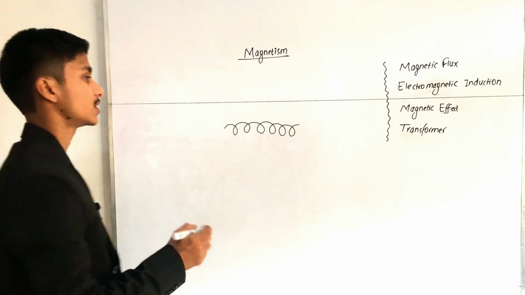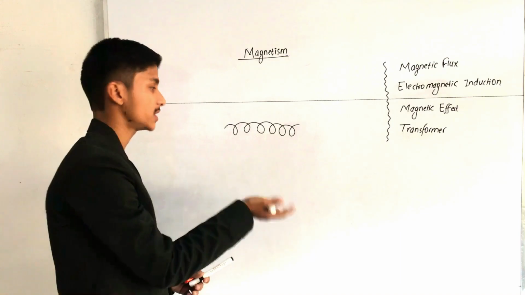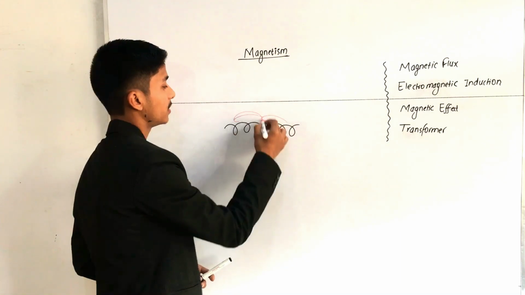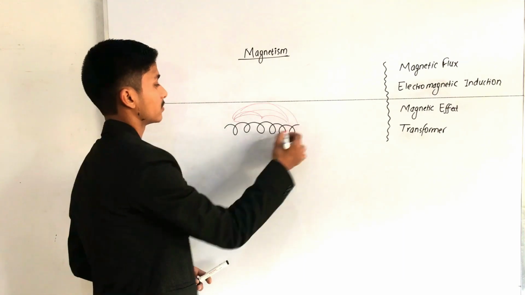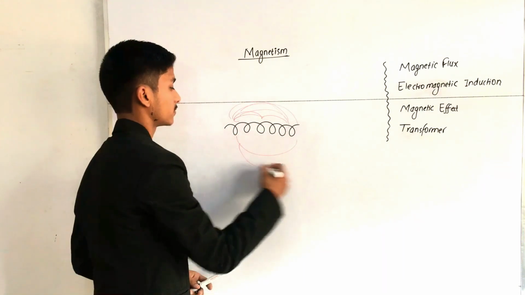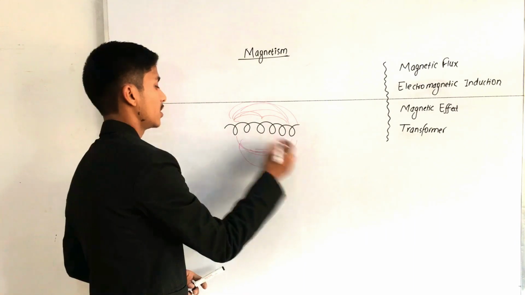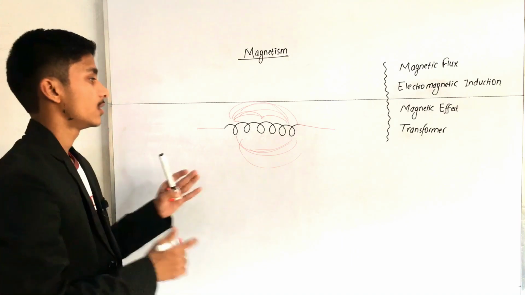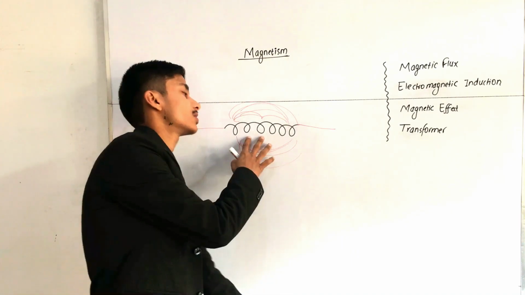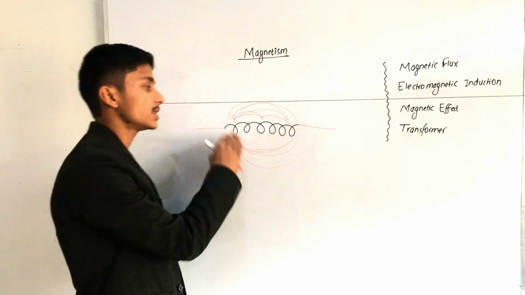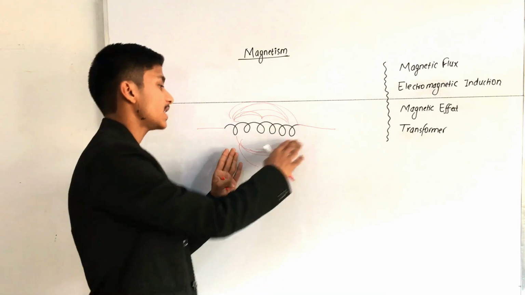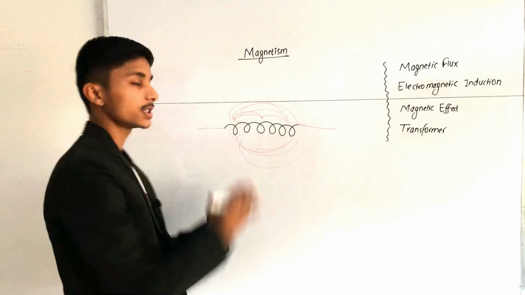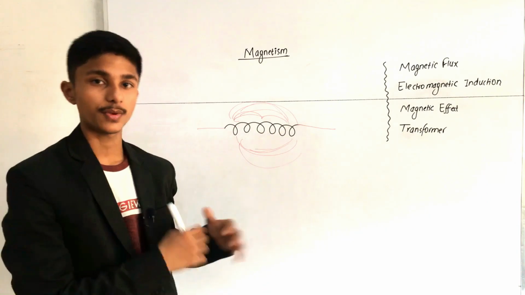A magnetic field is generated around this coil when the electricity is passed here. Here, this is a conductor, and when electricity is passed in this conductor, the magnetic field is generated around it. This effect is called magnetic effect.